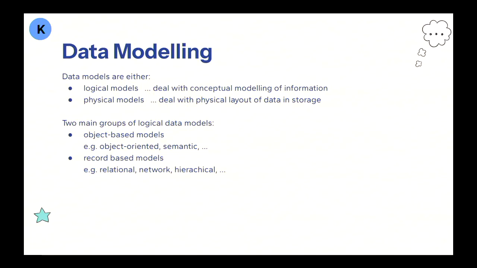The first group is object-based models, which is quite common if you are familiar with MongoDB. And the second is record-based models. You could have relational records, you could have network or graph models, or you could have hierarchical data items.